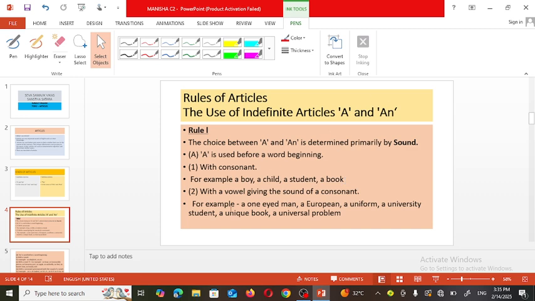The article an is used when we are using words which make the sound of a vowel, which we will see afterward. First, I have said that if the word makes a consonant sound, then we use the article a.